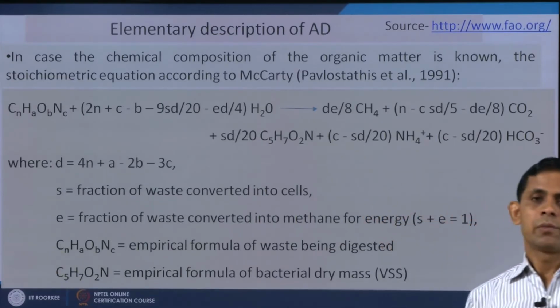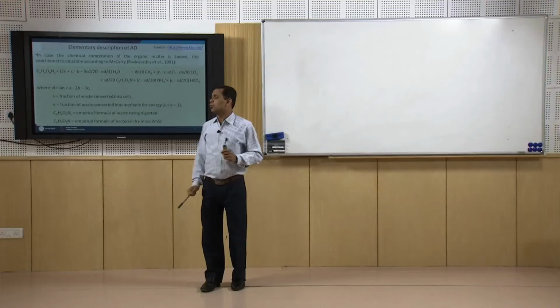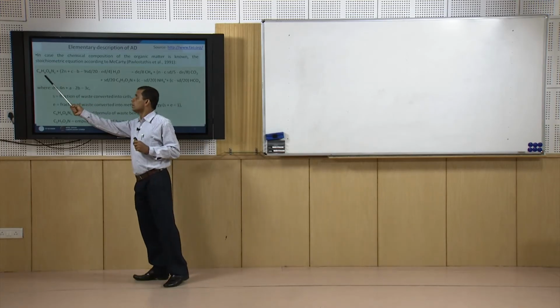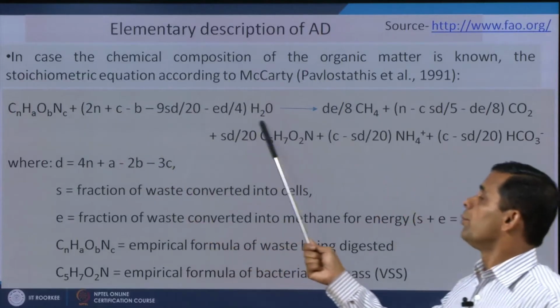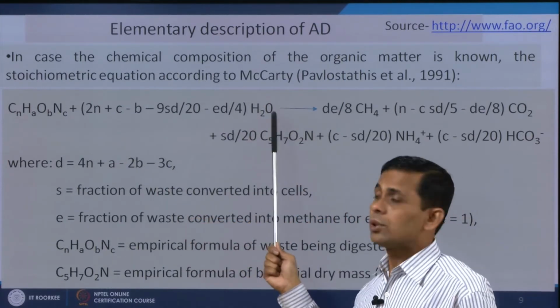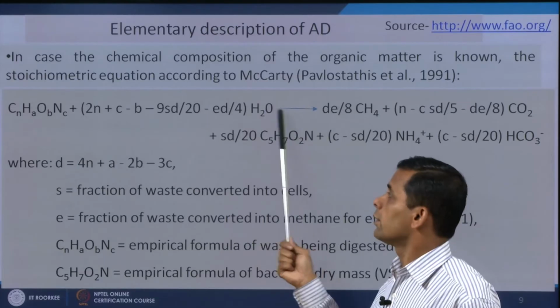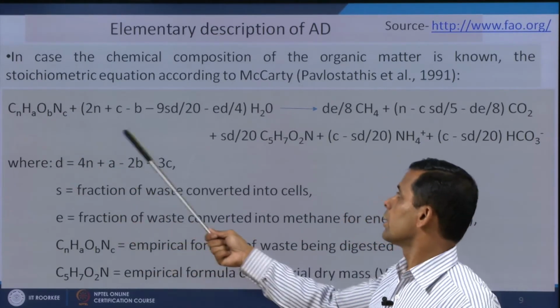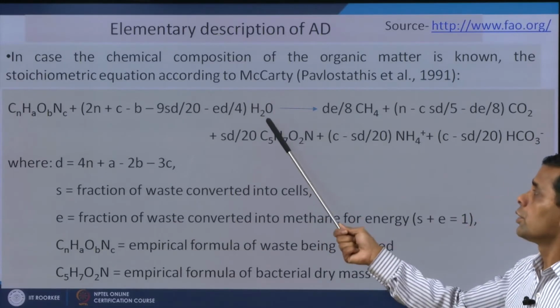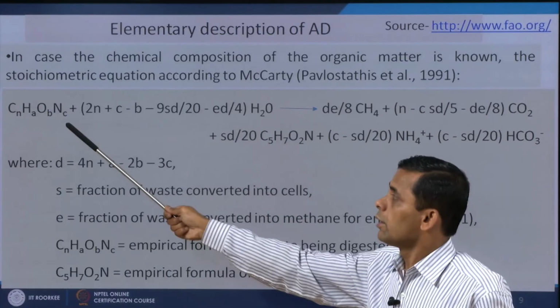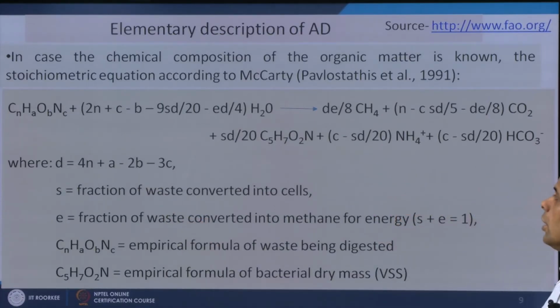This is the molecular representation of the formula of the organic waste or organic material you are using. It is available in water, which is in higher content: the organic concentration is only about 8% or 10%, and water is around 92% or 90%.